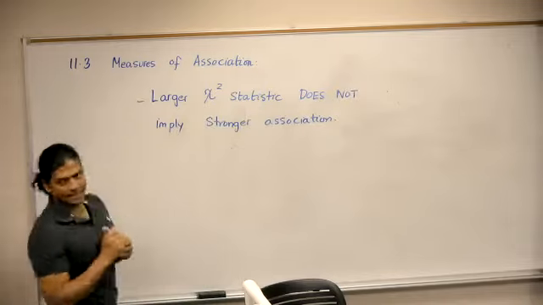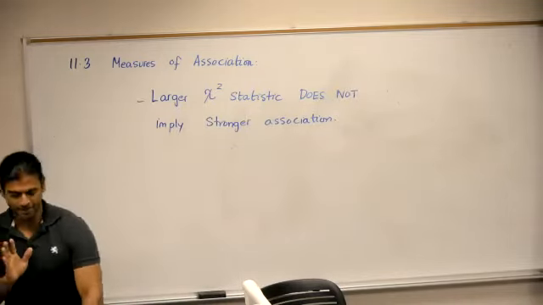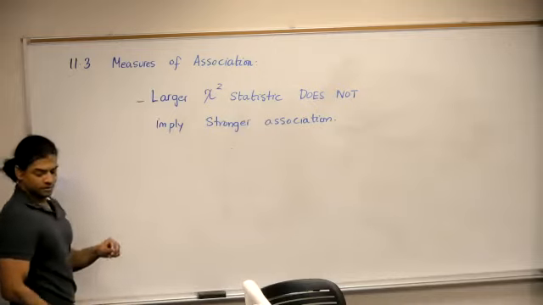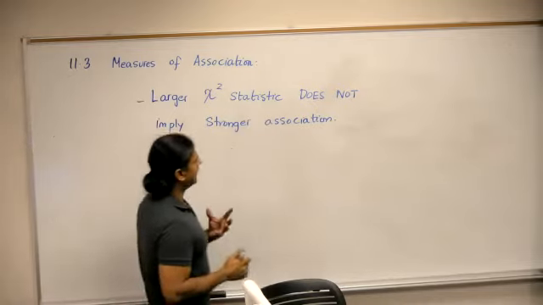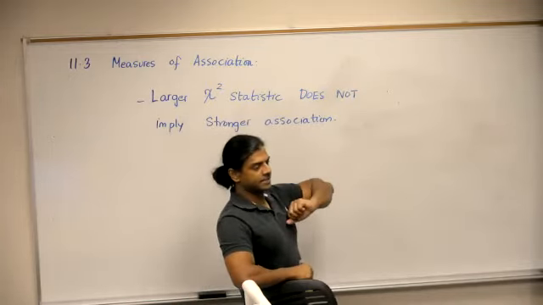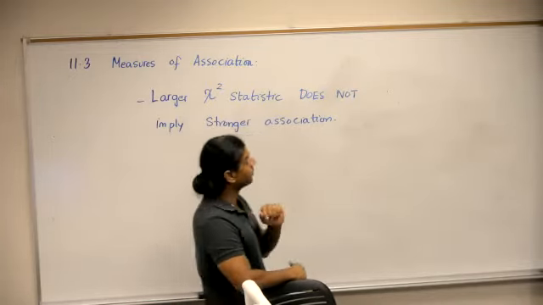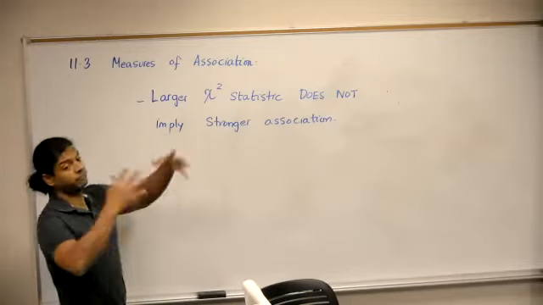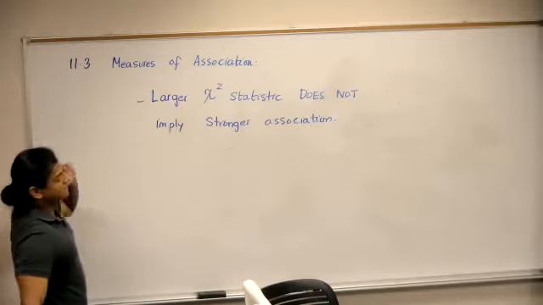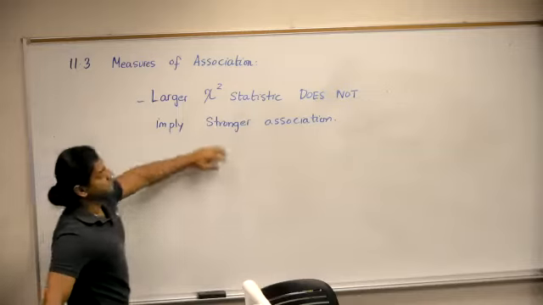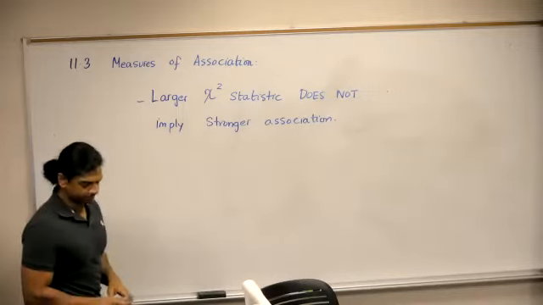All we can say is that they are connected, they are associated, if we reject the null. Just because I have a chi-squared value of 69.68 in the previous example does not imply that the association that we saw was really, really strong. So the size of the chi-squared statistic has nothing to do with the strength of association.